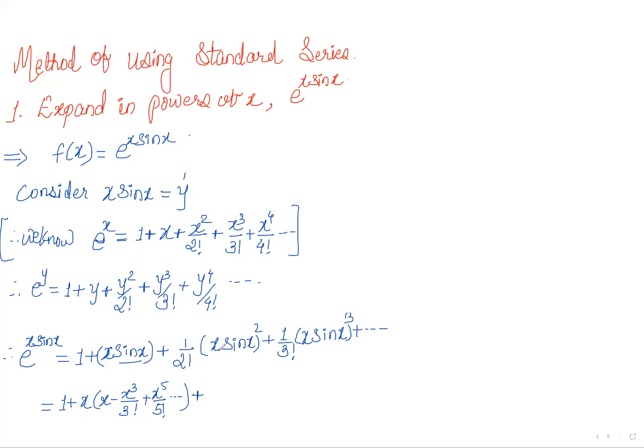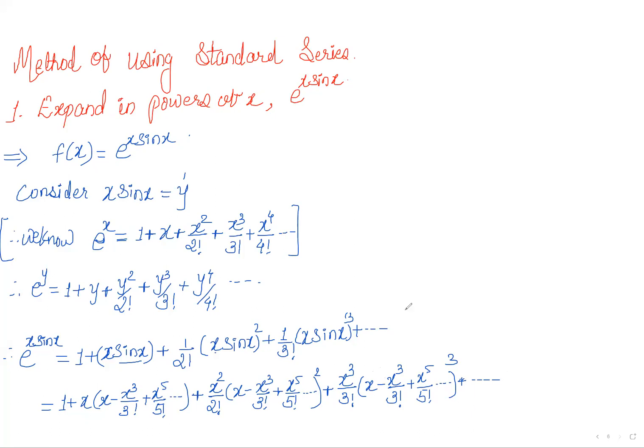Plus here it will be x square divided by 2 factorial into, again expansion of sin x, that is x minus x cube by 3 factorial plus x raised to 5 by 5 factorial and so on bracket square plus next x cube by 3 factorial into, again expansion of sin x, so it is x minus x cube by 3 factorial plus x raised to 5 by 5 factorial and so on its cube plus so on.